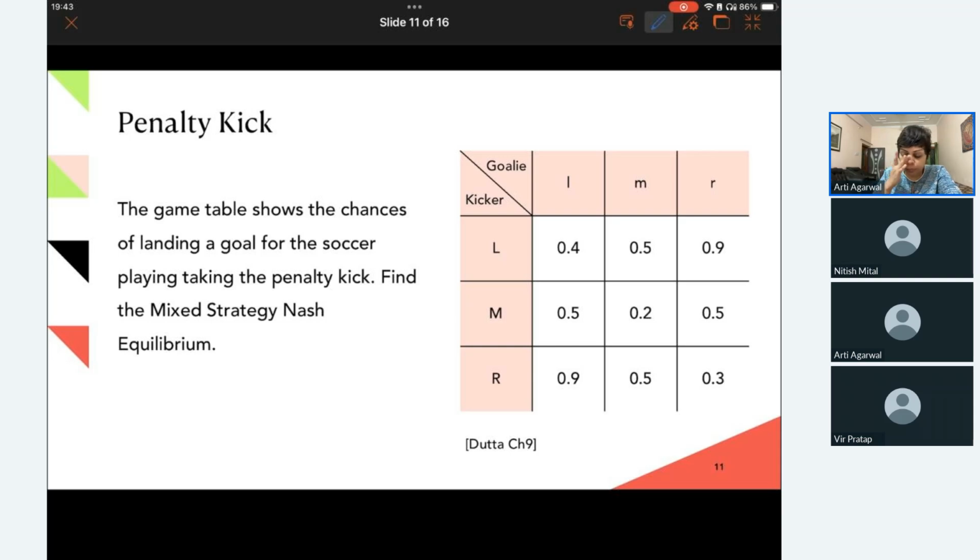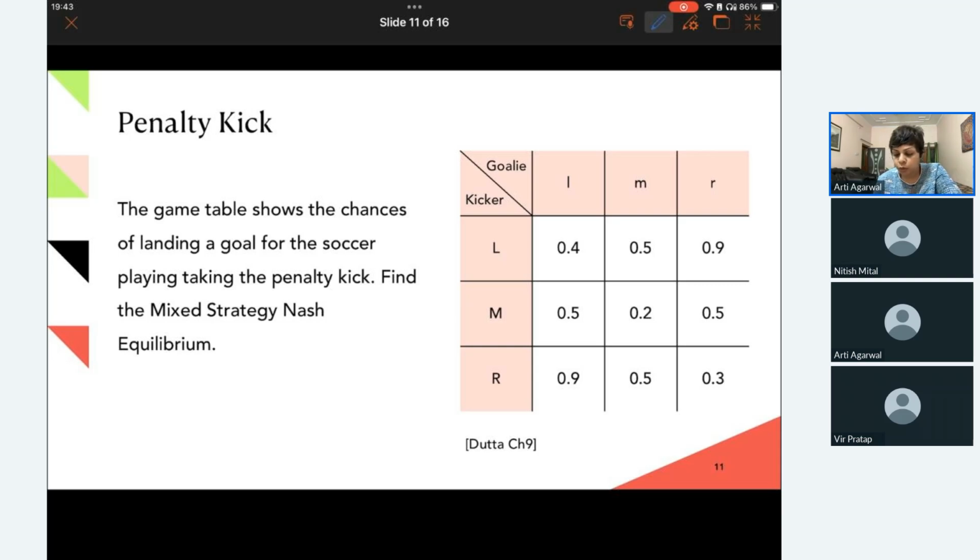Now let's see, the payoff from capital M to the kicker is 0.5. And if you take a mixed strategy of L and R, just for illustration purposes, let's just take it as half and half. 0.9 plus 0.4 is 1.3, and you divide that by 2, you get 0.65, right? So the payoff is higher than M.